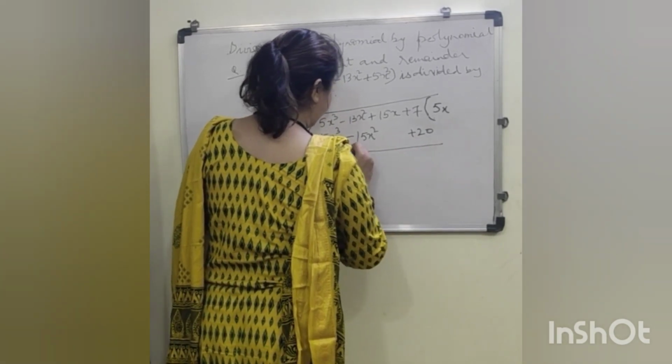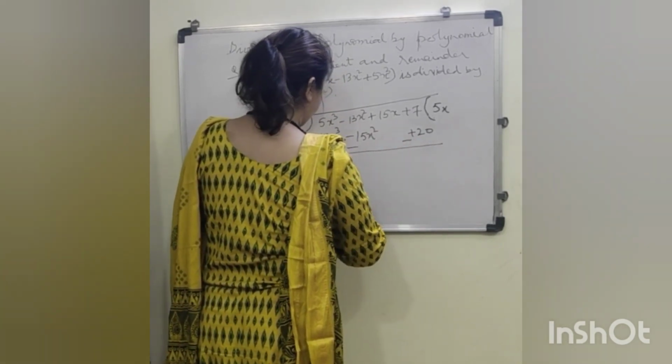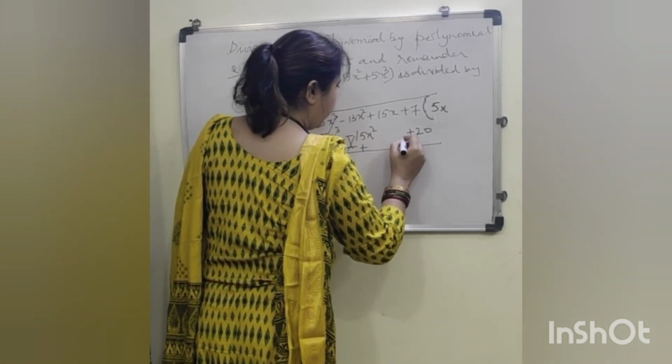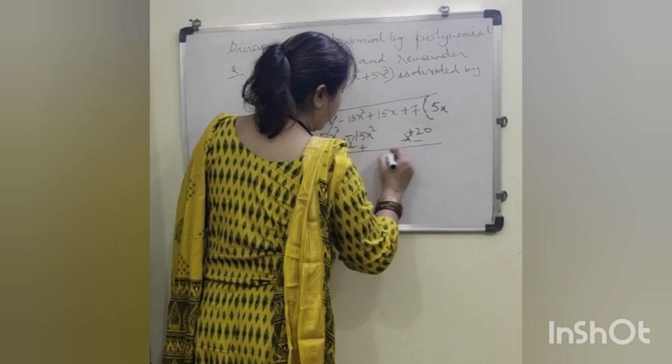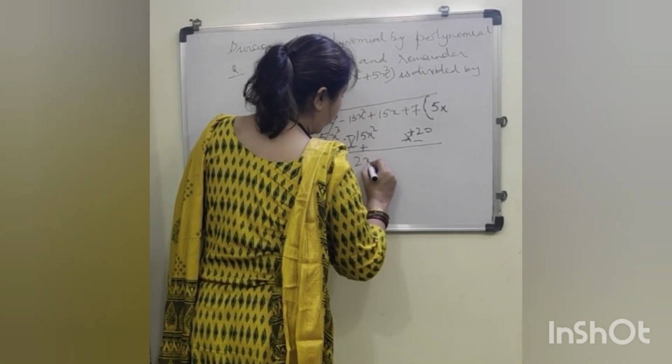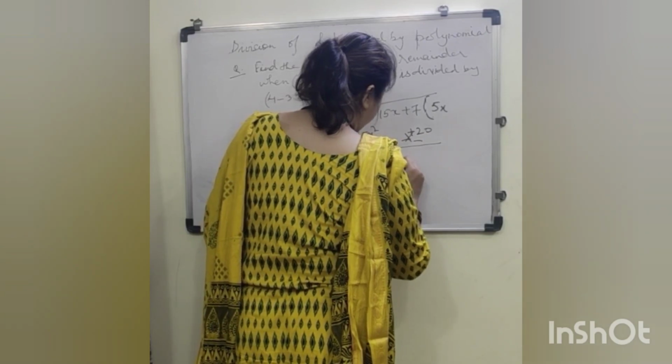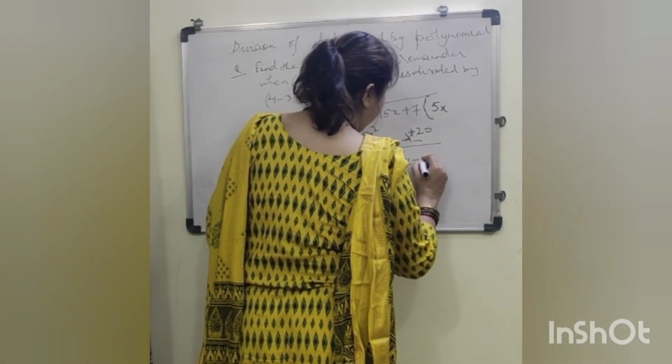We put minus sign, cancelled, minus into minus will become plus, minus plus become minus. So this is 2x square plus 15x minus 13.